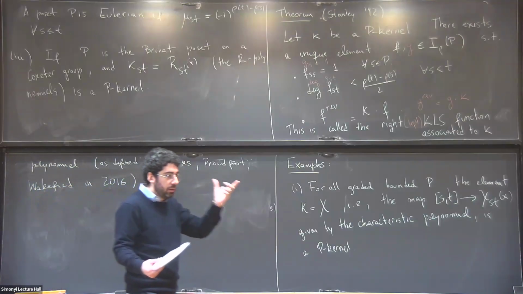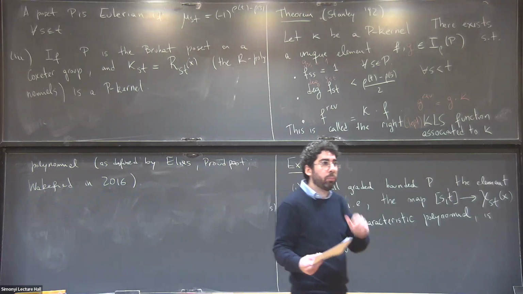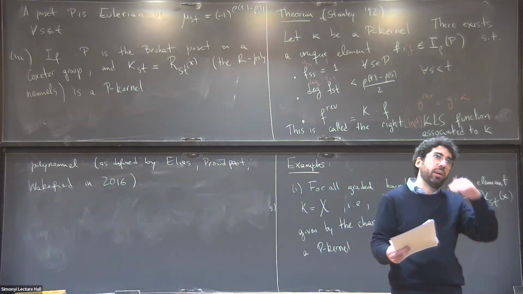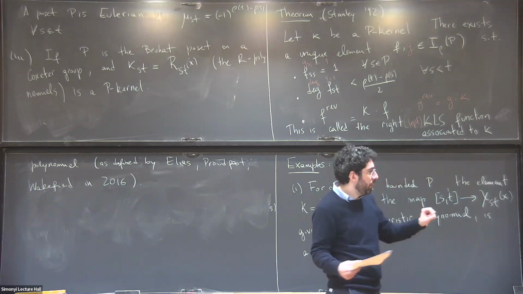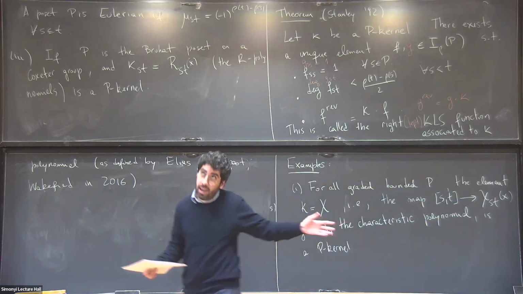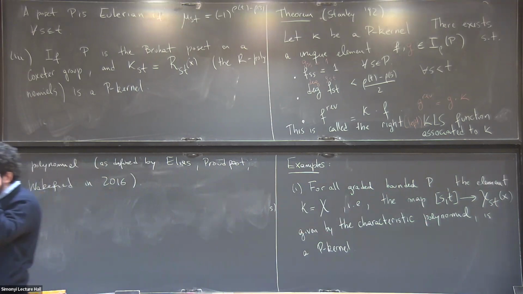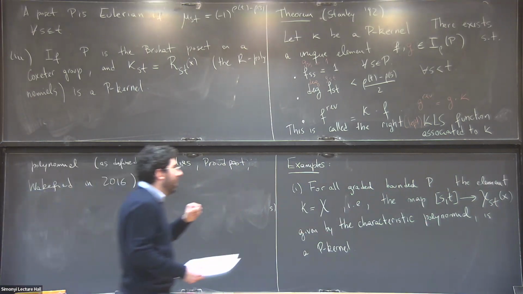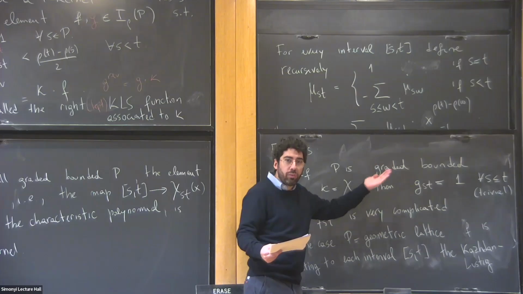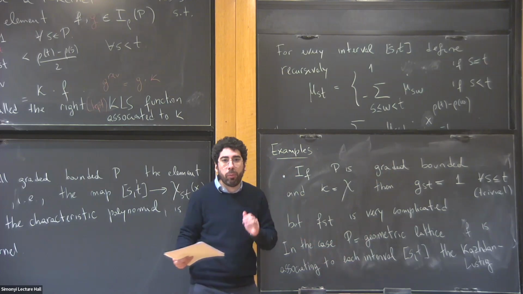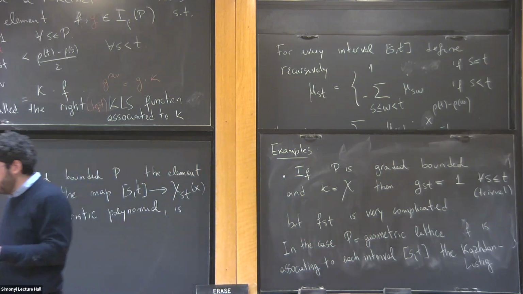It's easy to produce examples of graded bounded posets, for example, having fewer coatoms than atoms, for which the KL polynomial attains a negative coefficient. The FST attains a negative coefficient. So there's no hope a priori. I mean, maybe you can extend the class of posets, but not to all graded bounded posets, of having a positivity result like what they have.